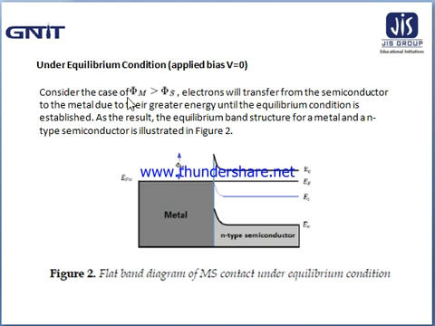The net loss of electrons creates a negative charge in the metal and a positive charge in the semiconductor, and that results in a depletion region and a growing barrier at the semiconductor surface.